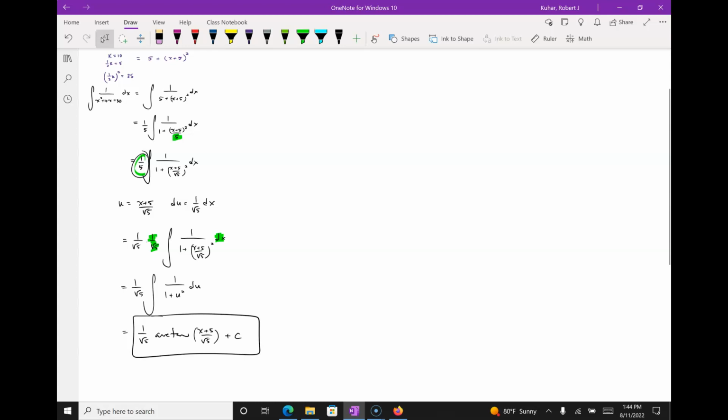So I'm never actually changing anything. But they are equal. 1 over 5 is 1 over rad 5 times 1 over rad 5. You're just not used to it. On the right-hand side, that's 1 over square root of 25. That's 1 over 5. Right?